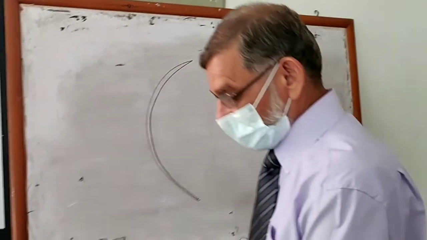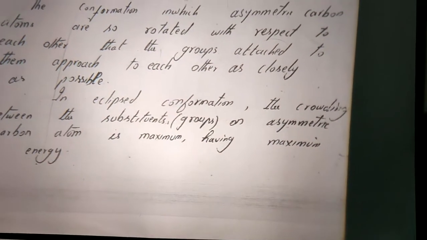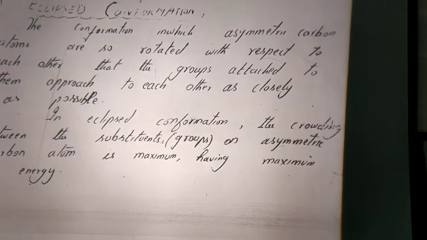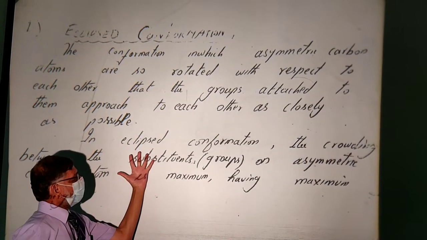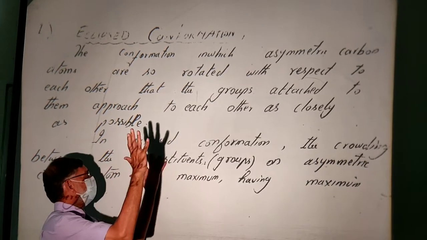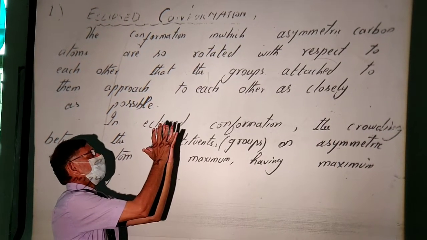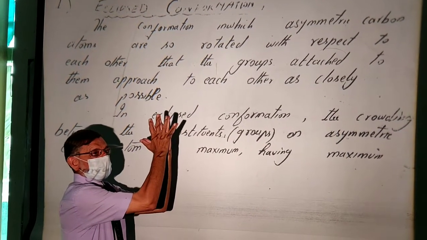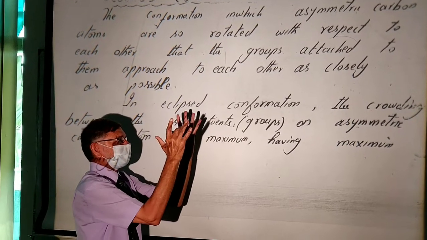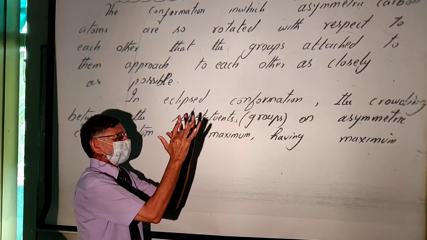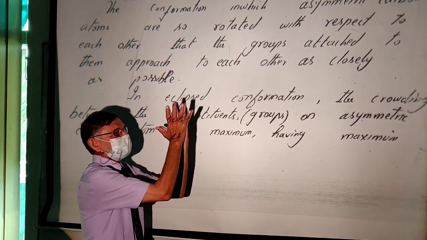So similarly, here you can see how this eclipse forms. You can see one carbon and another carbon exactly upon it. This is eclipsed. This is the axis, carbon, another carbon, and this is eclipsed.